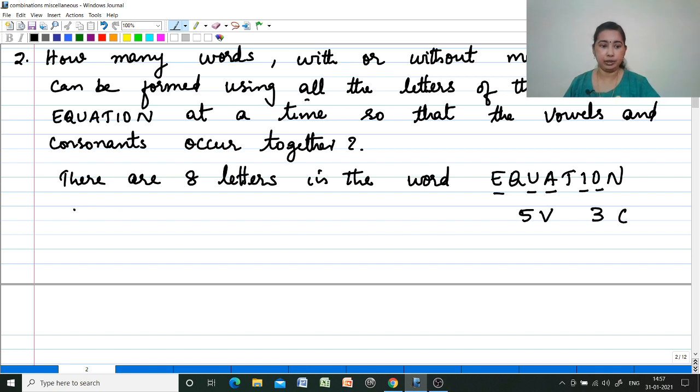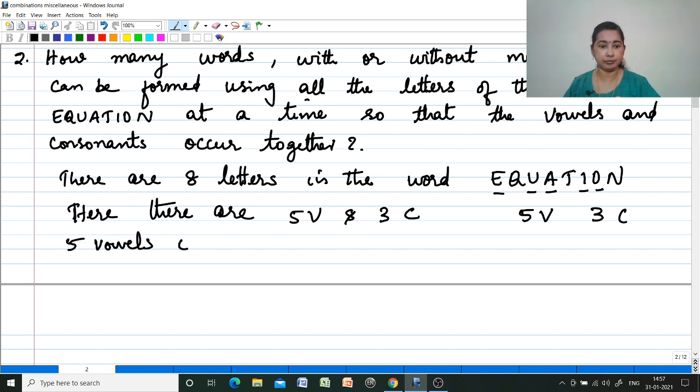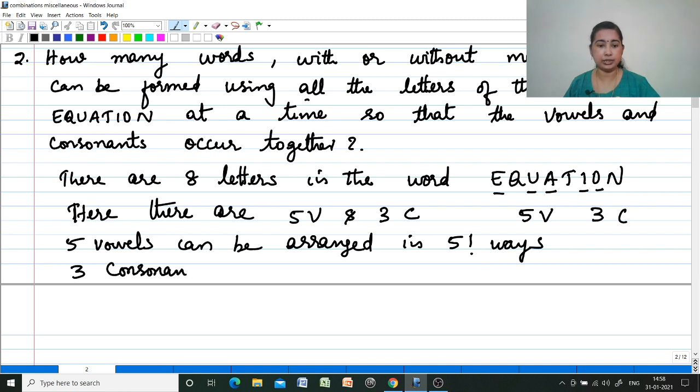So here there are 5 vowels and 3 consonants. The 5 vowels can be arranged in 5 factorial ways, whereas the 3 consonants can be arranged in 3 factorial ways.